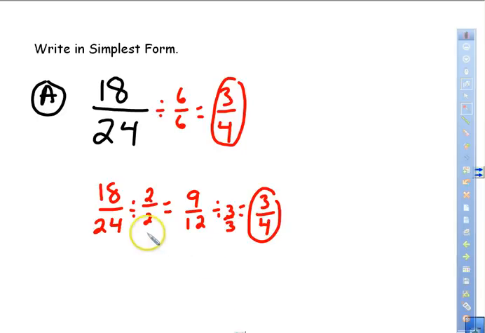Okay? And if you take this number that you divided by and this number that you divided by and multiply them together, you do get the greatest common factor of 6. So basically it's taking that greatest common factor and breaking it down according to its factors. So 3/4 is your answer.